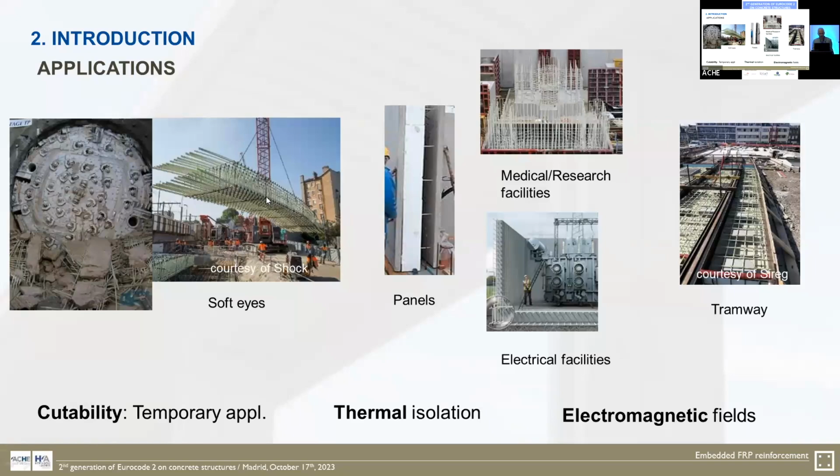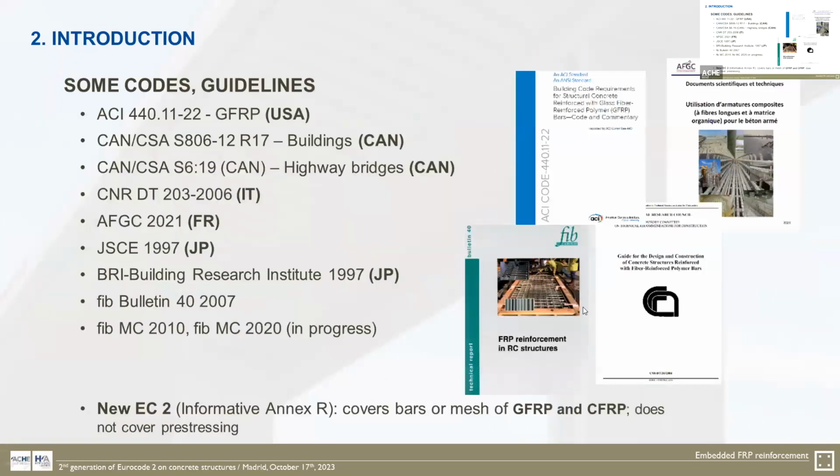They are easy to be drilled by the tunnel boring machine. Thermal isolation to avoid thermal bridges, and due to the properties about electromagnetic transparency, if we want to avoid electromagnetic interference in medical or research facilities, electrical facilities, tramways.